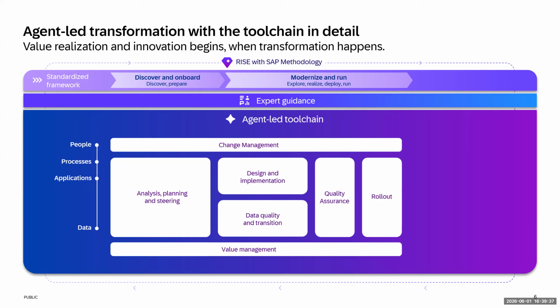What that means is for the processes and applications is that we look at the design and implementation of our changes and of the processes, and while making sure that we have data quality in place, also with, for example, test management in Cloud ALM, and all of that covered by value management throughout as well.